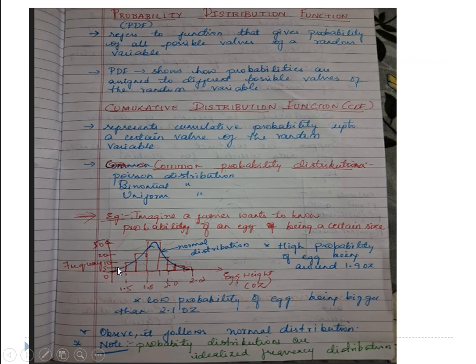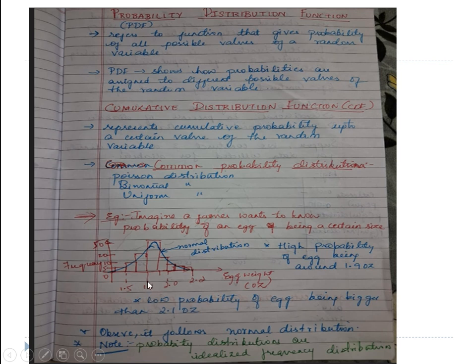What we can see here is that the square boxes are nothing but the histogram distribution. For an egg weight of less than 1.5, the frequency is 5, and for the egg weight between 1.5 to 1.8, the frequency is 10 and 20.